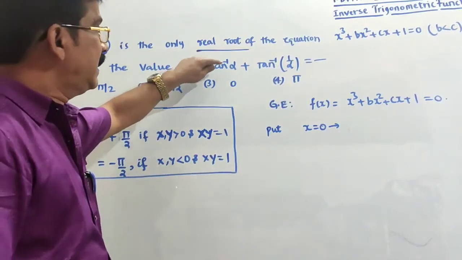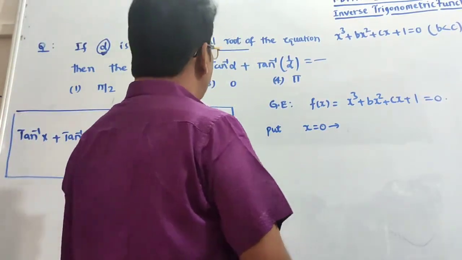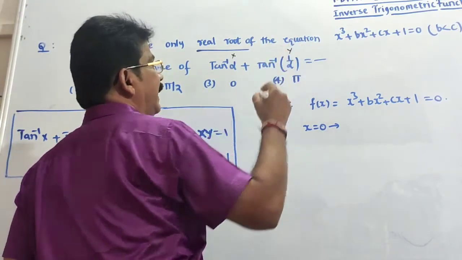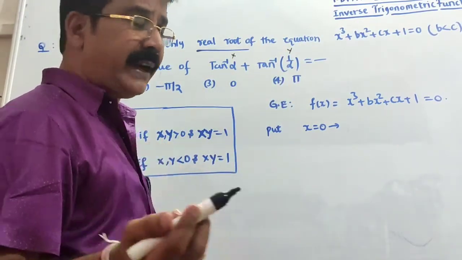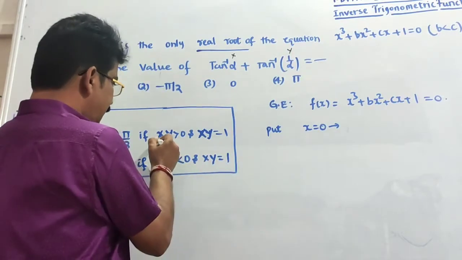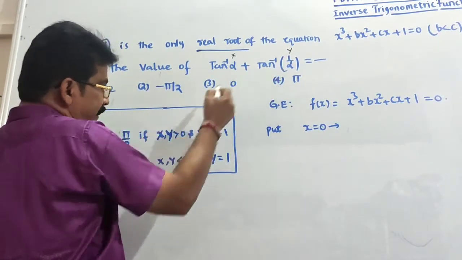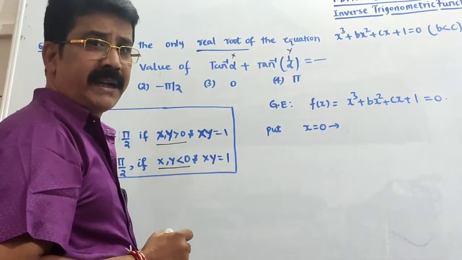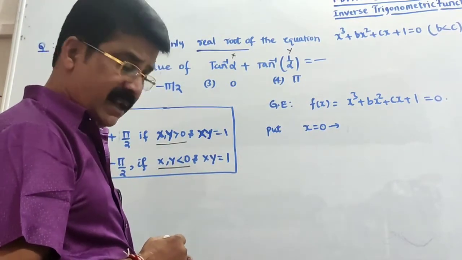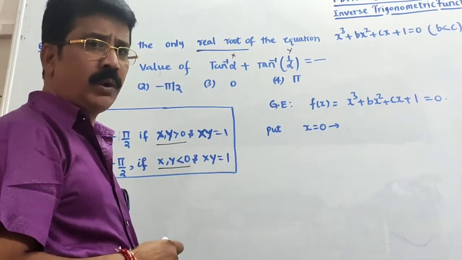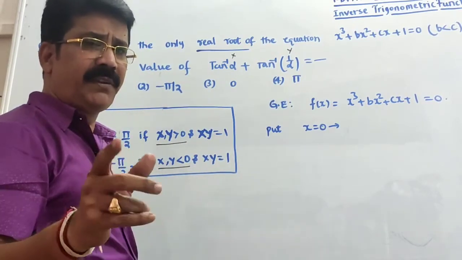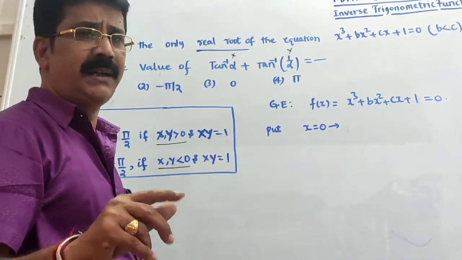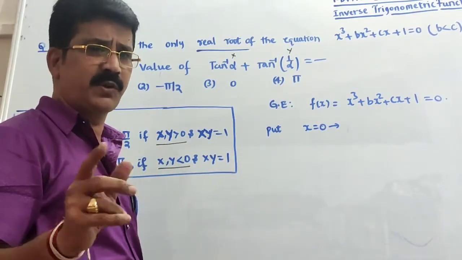Let us compare: this is capital X, and this is capital Y. Now I am trying to find whether alpha and 1 by alpha, that is x and y, are positive or negative. It is enough to find whether alpha is positive or negative, because accordingly we can say whether 1 by alpha is positive or negative.